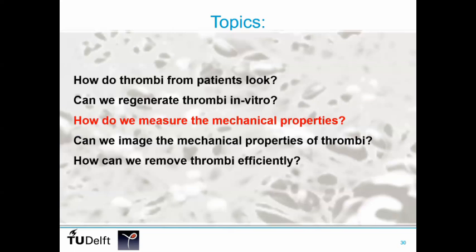Thank you for the talk. Have you checked during the clot formation in the experiment? You said that the structure of the clot is very difficult to control. Have you checked the clotting time of these? Have you seen if these times are correlated to the structure also?